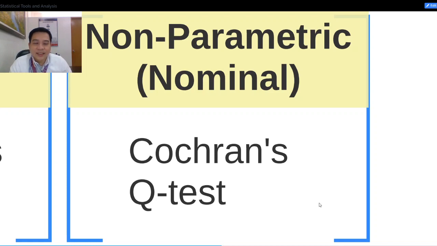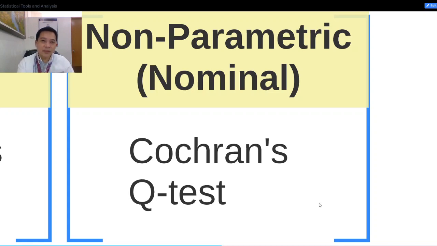Have you noticed most of the non-parametric tests are mainly named after the proponents that developed or drafted that formula? Wilcoxon, McNemar's, Cochran's, or even Friedman's test.